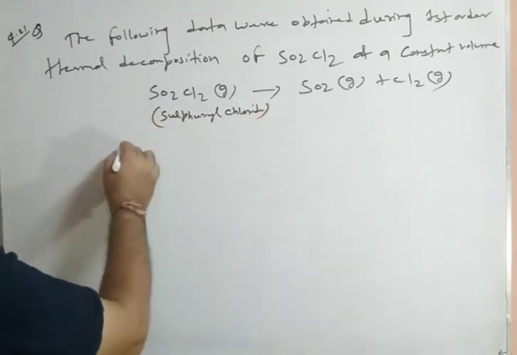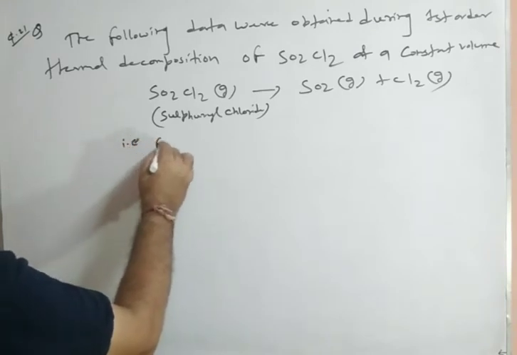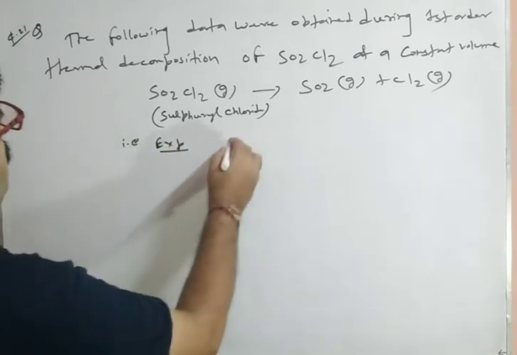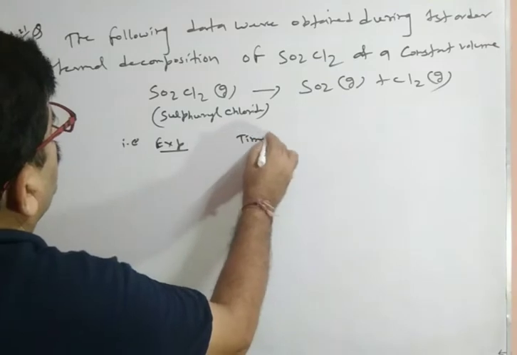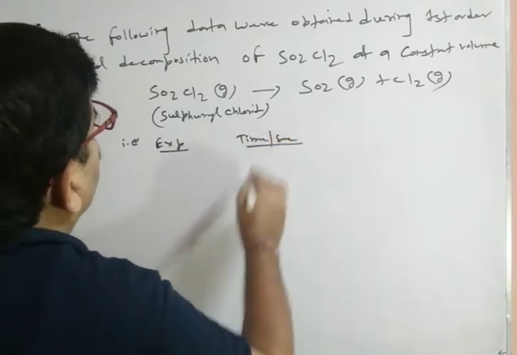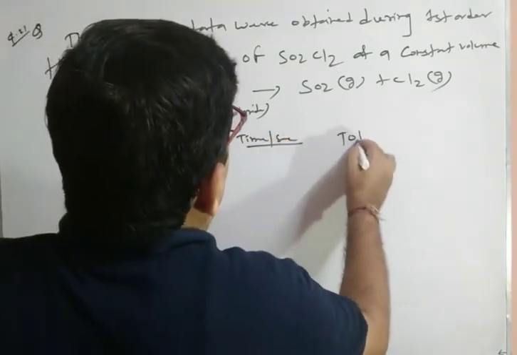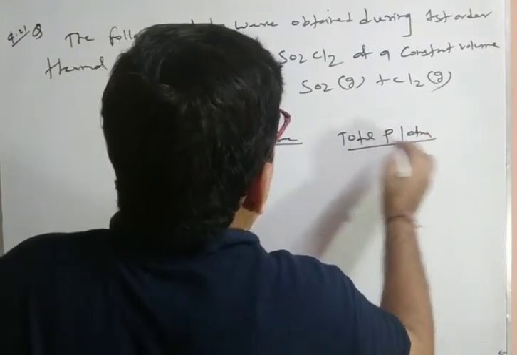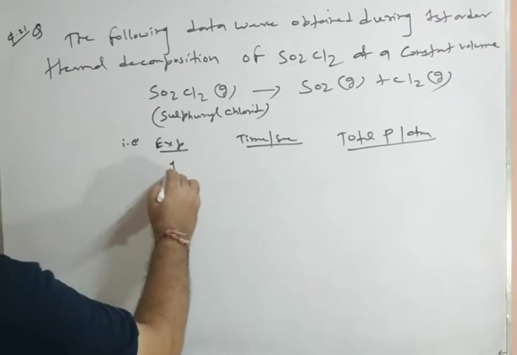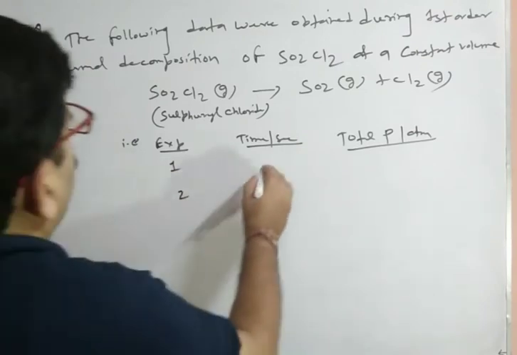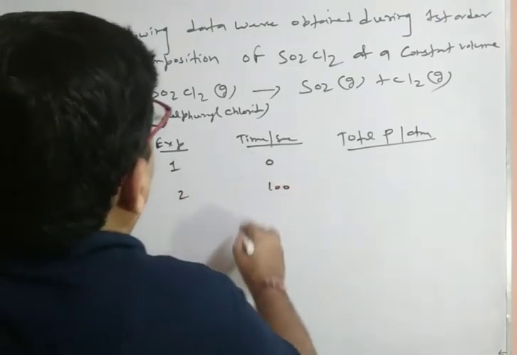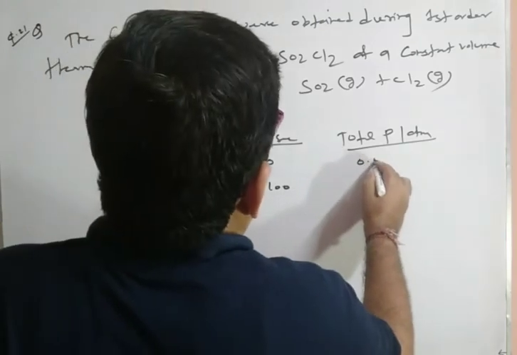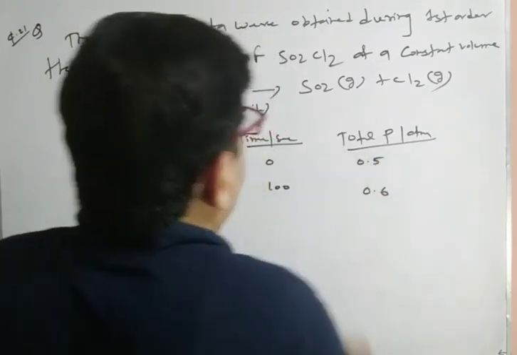Data is given: experiment, time in second, and total pressure in atm. Experiment 1, 2; time 0, 100; pressure 0.5, 0.6.